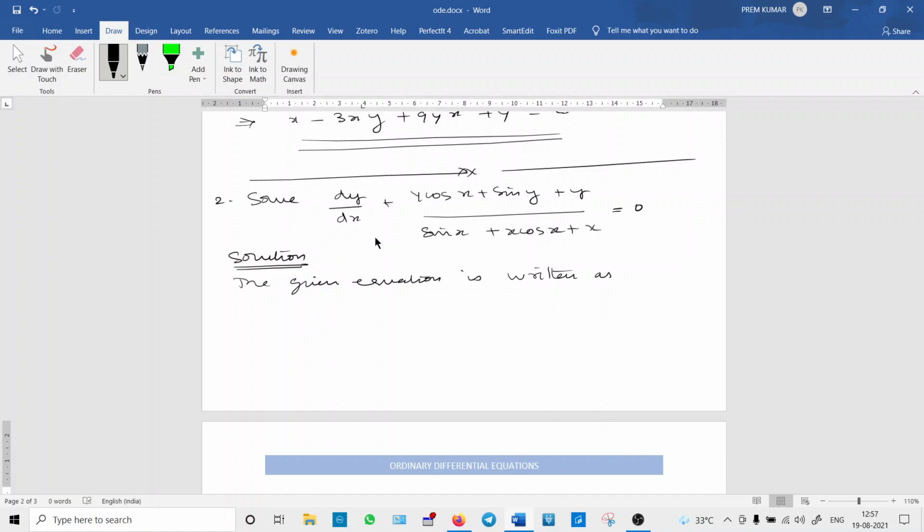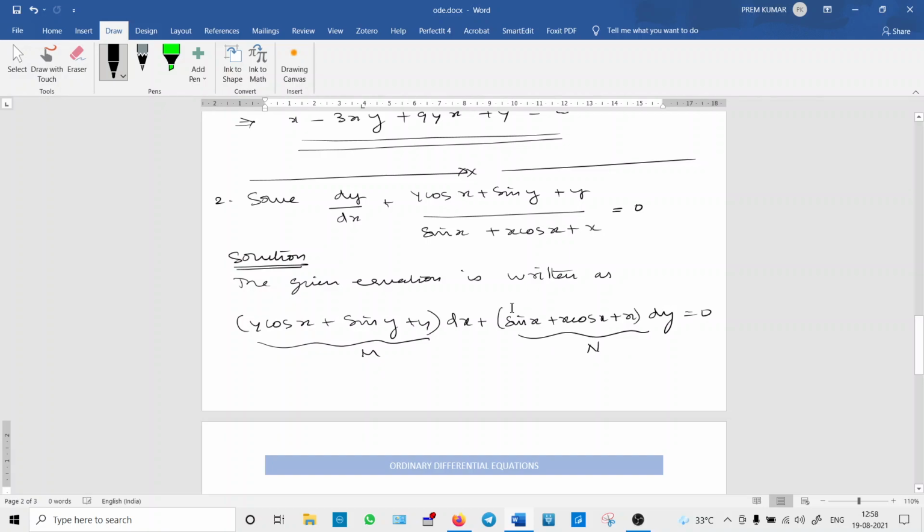So dx into (y cos x plus sin y plus y) plus dy into (sin x plus x cos y plus x) equals 0. When dy goes with this, you take it to the right hand side to get the minus of the entire term, cross multiply, then bring it back to the left hand side. I am doing everything in a single step. Okay, this is the differential form, and this is my M and this is my N.